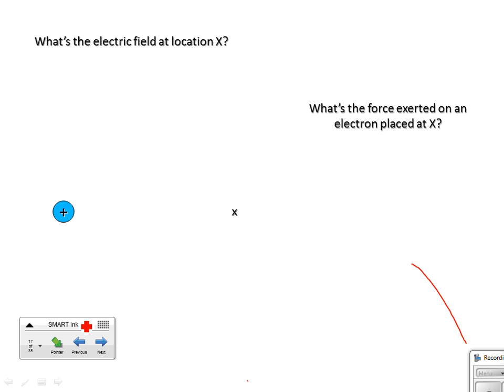So let's talk about, we've got a positive charge here. Let's call this 2.5 microcoulombs. And let's say this is, I don't know, 1 centimeter. We want to know the field strength at location X. Well, we're looking for the field made by this charge, so the field here, E, is K big Q over r squared.